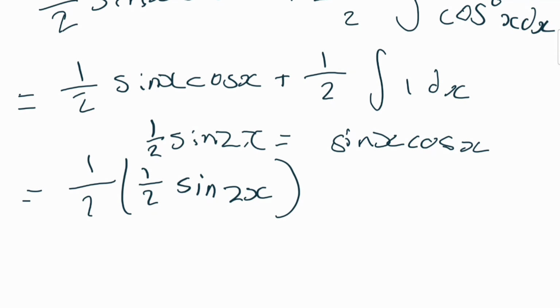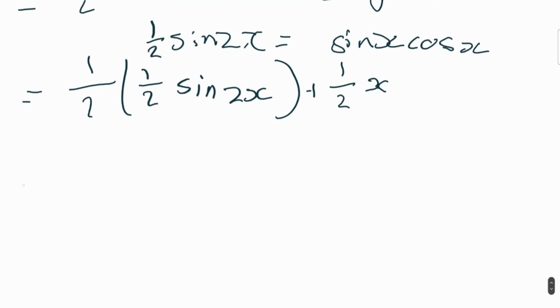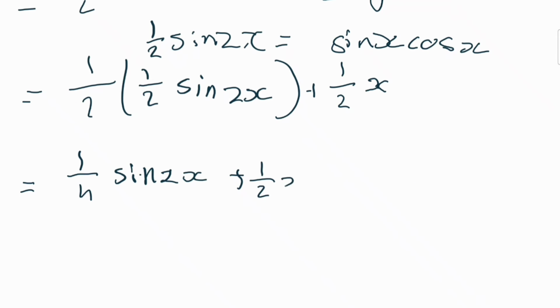Okay, and then plus 1 over 2 x. Great. So our final answer is going to be 1 over 4 sine of 2x plus 1 over 2x plus c.